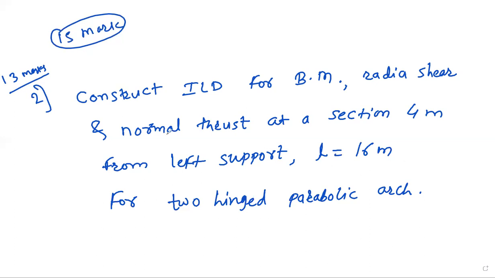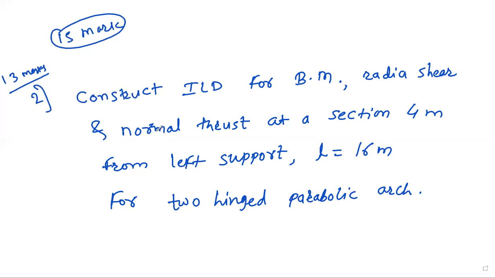Okay, another question which is asked for 25 marks in the question paper, that whatever we have derived yesterday, that is ILD for H, ILD for moment at X, radial shear, then normal thrust ILD, right? So all complete, it is asked for 25 marks in one of the question papers. Whatever we discussed in the last lecture about 2 hinge arch, we have drawn the 4 ILD.